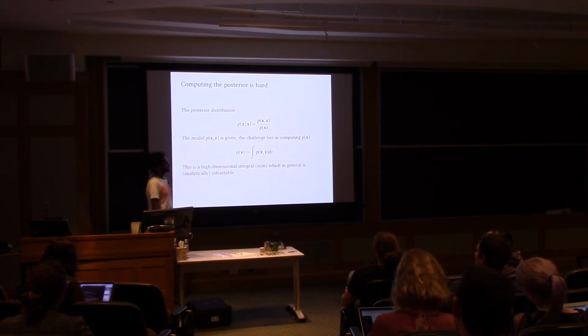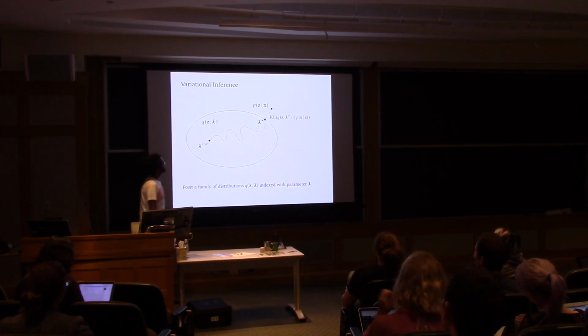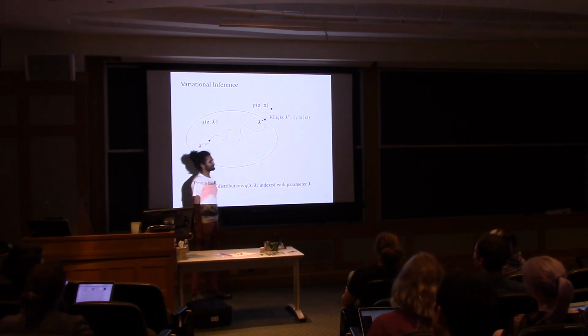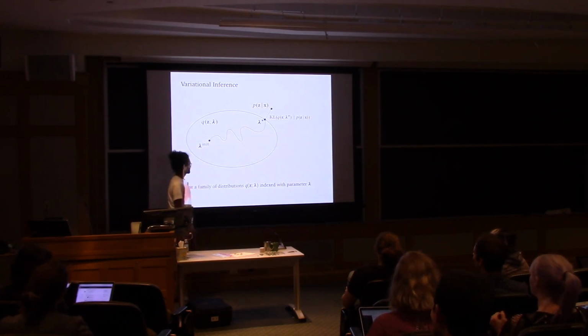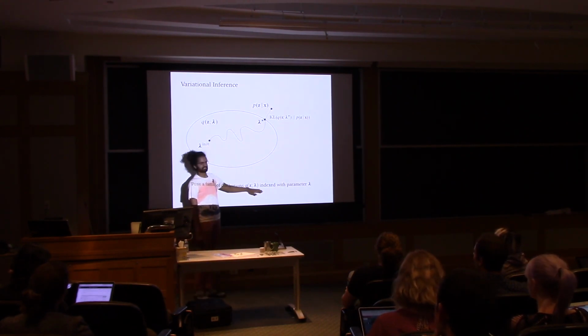And so you're like, great. I told you that you can model stuff. You want to compute the posterior. It's hard, so maybe we're just going to stop. But instead, that's where variational inference comes into play. What variational inference does is you take a family of distributions over hidden structure, q of z, which has some parameter lambda.